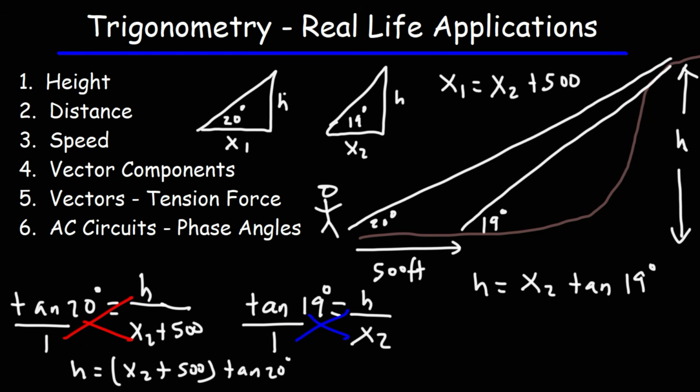Because these two expressions equal h, they equal each other. So we could set them equal to each other. We have X2 tan 19 is equal to X2 plus 500 times tan 20.